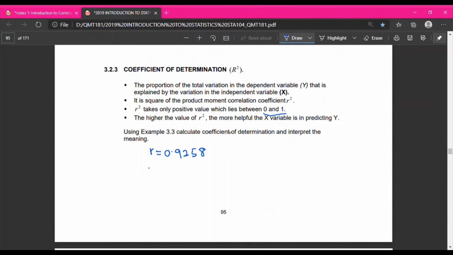So the value of R square will be 0.9258 square. You will get 0.8571. Then we change to percentage, multiply with 100%. So lastly we'll get 85.71%. So what can we say from this value?